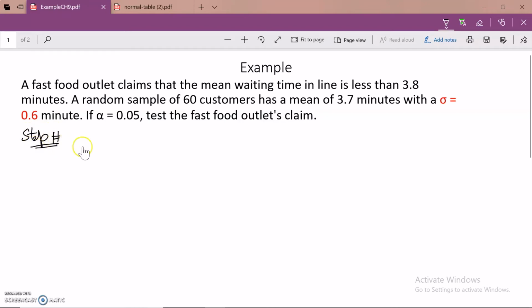In the first step, we check the basic requirement. What was the basic requirement? Number one, you need to have a random sample.